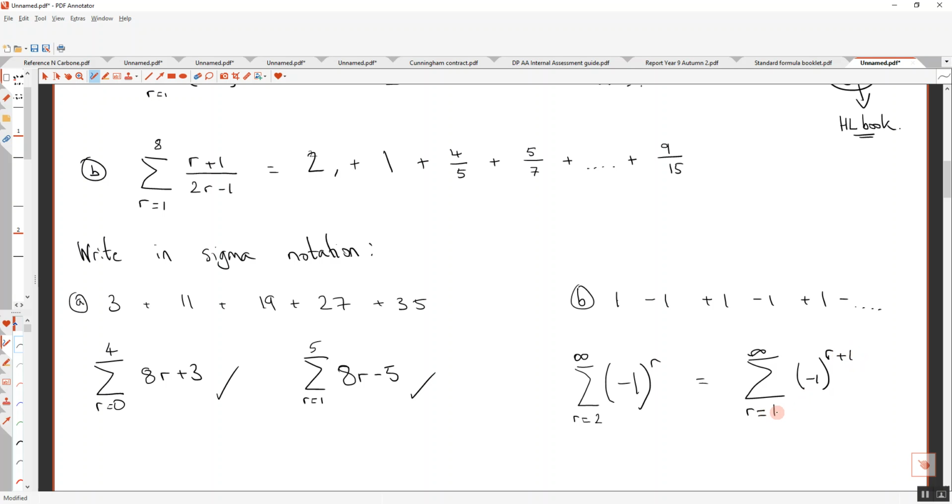So the first one would be, yeah, that's right. You put r is equal to 1, that gives you 2 out, r squared, positive, and so on. So different ways you could do it.